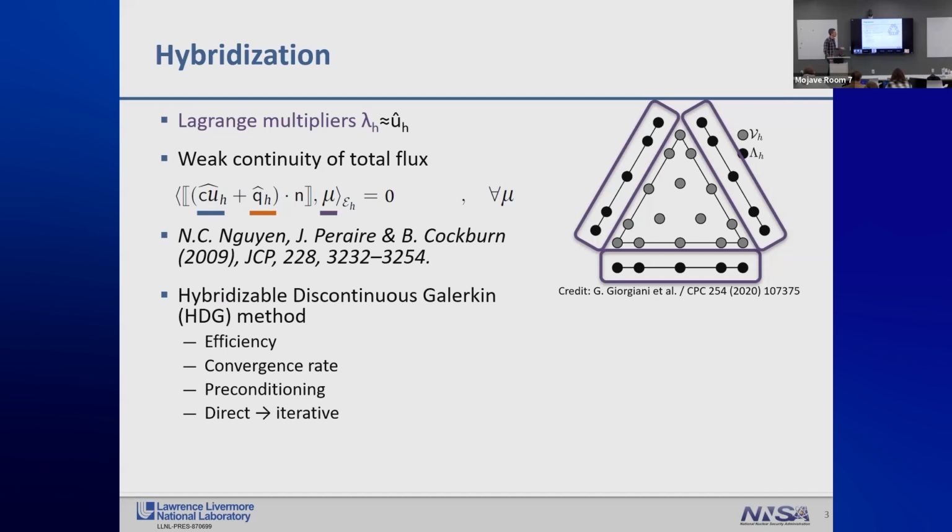But with this construction, we then obtain the hybridizable discontinuous Galerkin method, which benefits from multiple properties like great efficiency. So we actually reduce the whole mixed system to just a single equation, and only for the degrees of freedom on the skeleton. Usually we have a much higher convergence rate, even for anisotropic cases and convection-dominated cases.